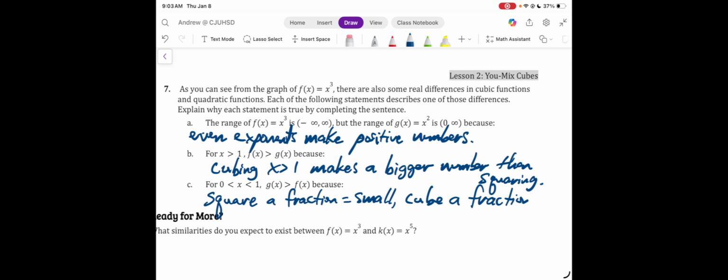And you could just test that out on, say, 1/2. Even smaller.